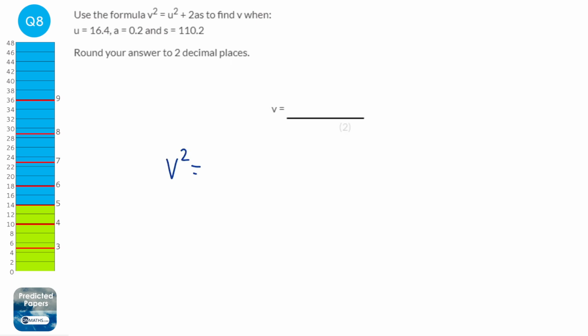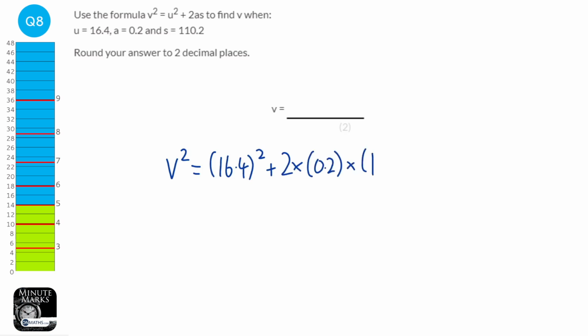So v squared equals, and then u is 16.4 squared plus 2 times a, which is 0.2, times s, which is 110.2.